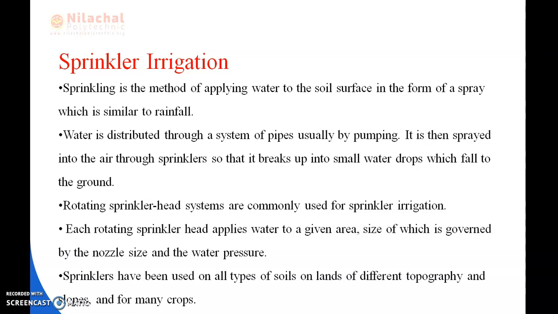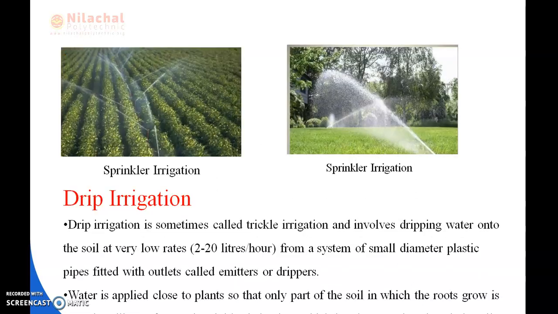Each rotating sprinkler head applies water to a given area, the size of which is governed by the nozzle size and the water pressure. Sprinklers have been used on all types of soils, on lands of different topography and slopes, and for many crops. Okay, so this is known as sprinkler irrigation. You can see the pictures of sprinkler irrigation here.